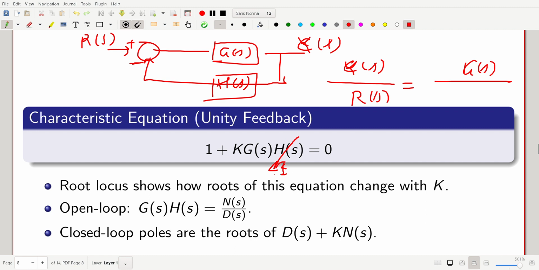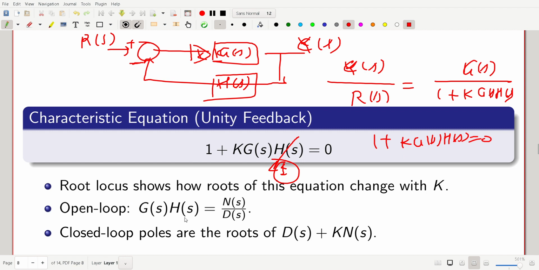Here we are putting the general equation: 1 + K G(s) H(s) = 0. So the closed loop transfer function is G(s) by 1 + K G(s) H(s). You can put the gain K in G(s) also. So the root locus shows how the roots of this equation change with K.